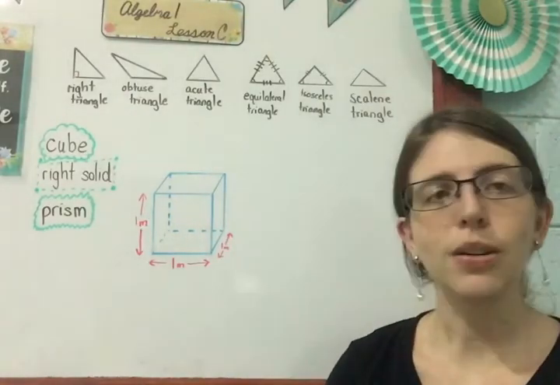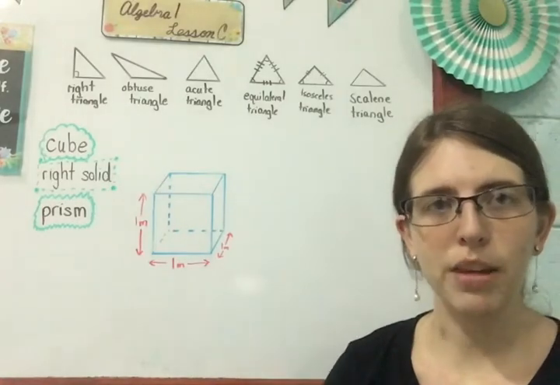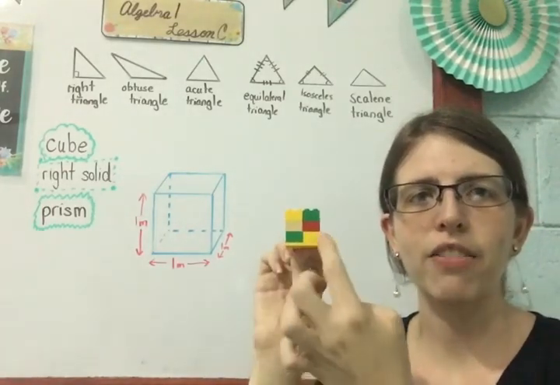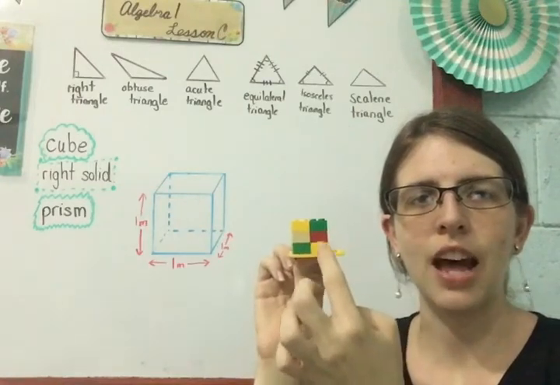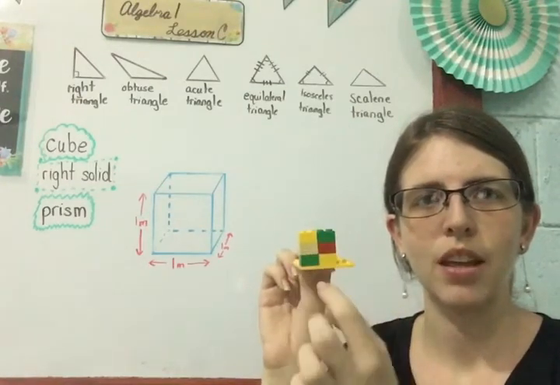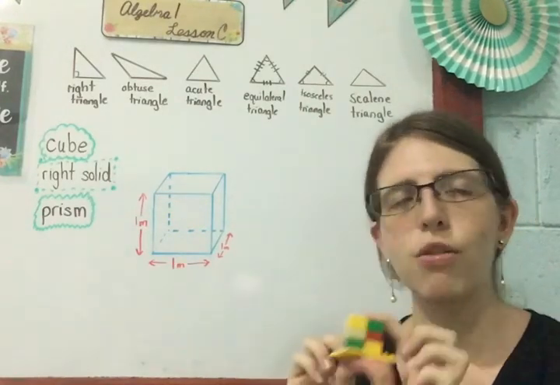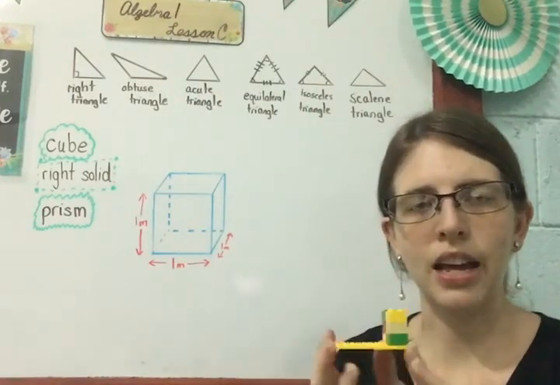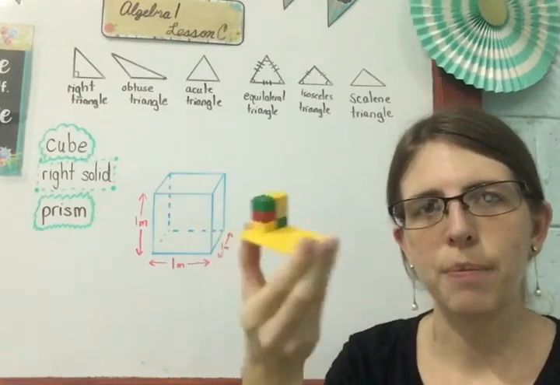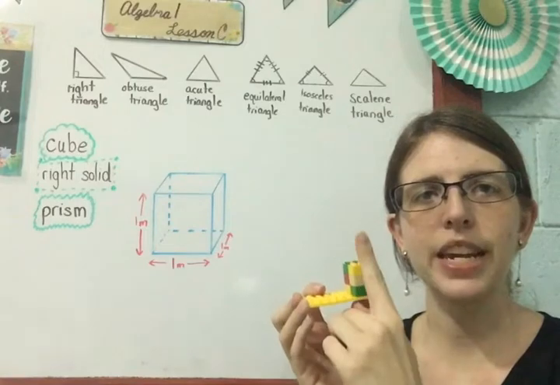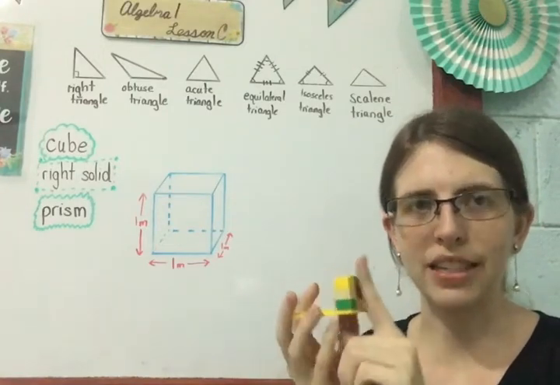So I can use that principle to come up with a formula. That formula is that I take the area of the base times the height. The reason that works is because with this shape, its sides are perpendicular to the base.